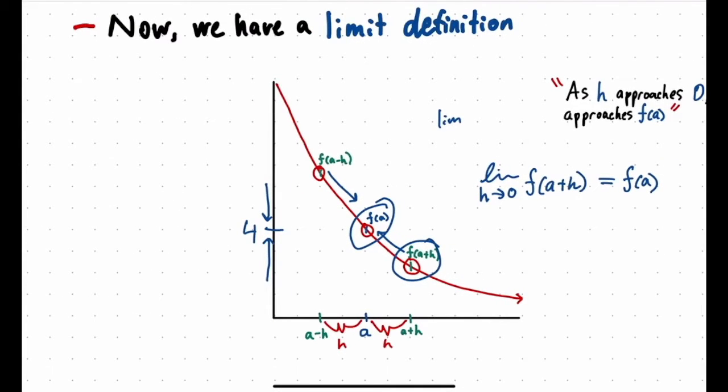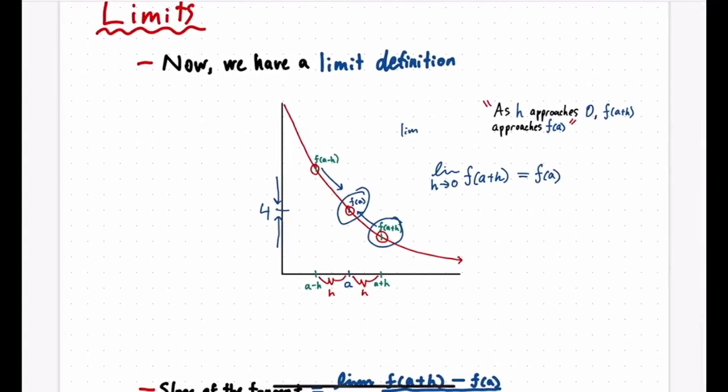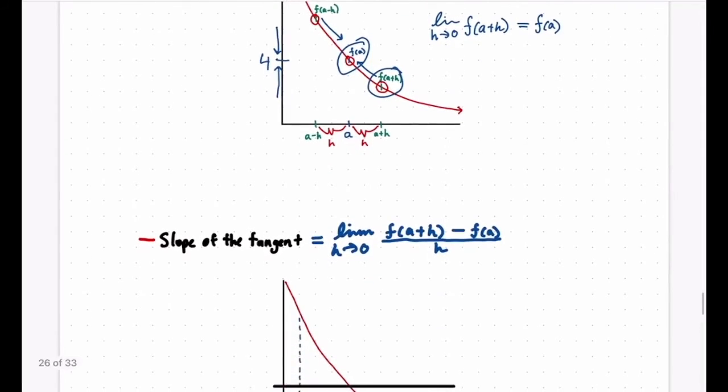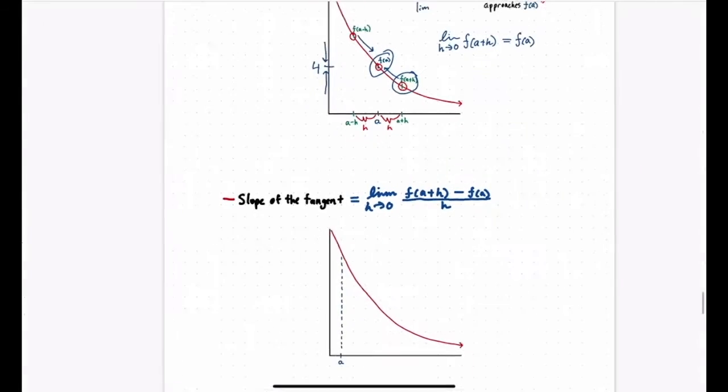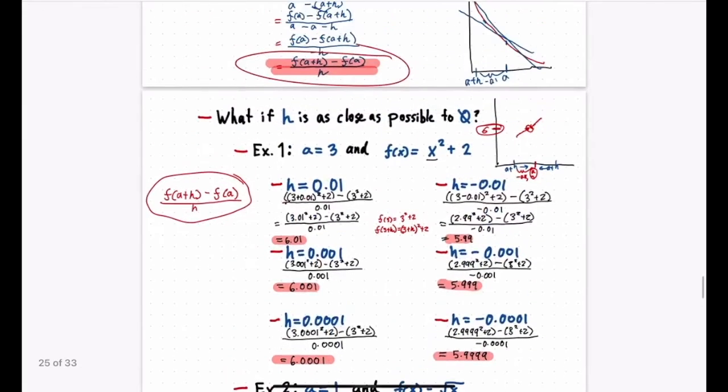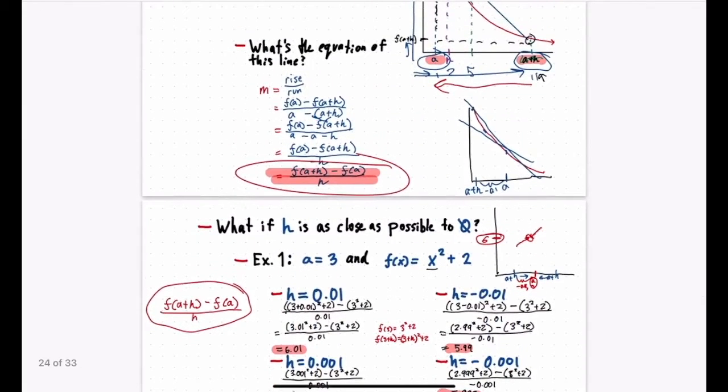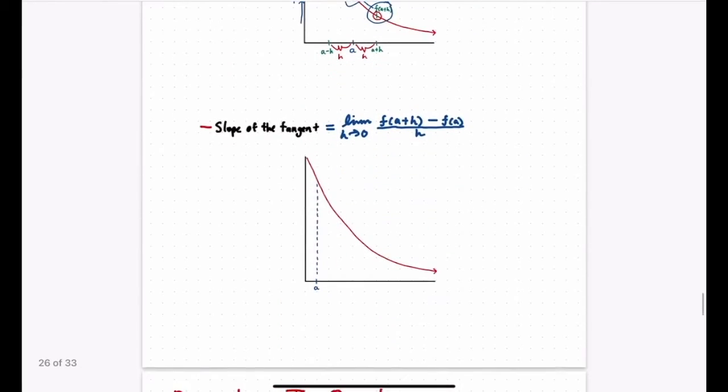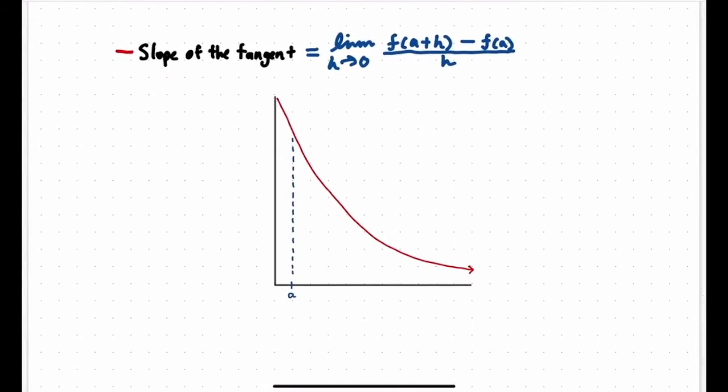So now that we have this sort of definition of a limit, we can apply this to that slope of the tangent equation that we found earlier, right? This one up here. So as this h approaches 0, a plus h, and then we make the h smaller and smaller, so it was this one, and now it's this one, and now it's this one.